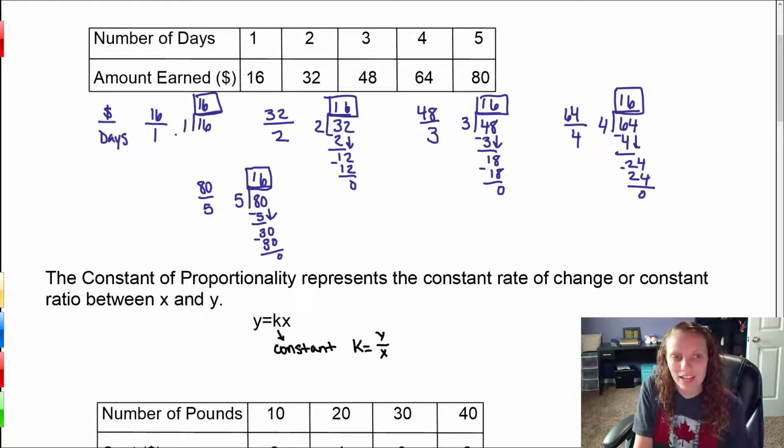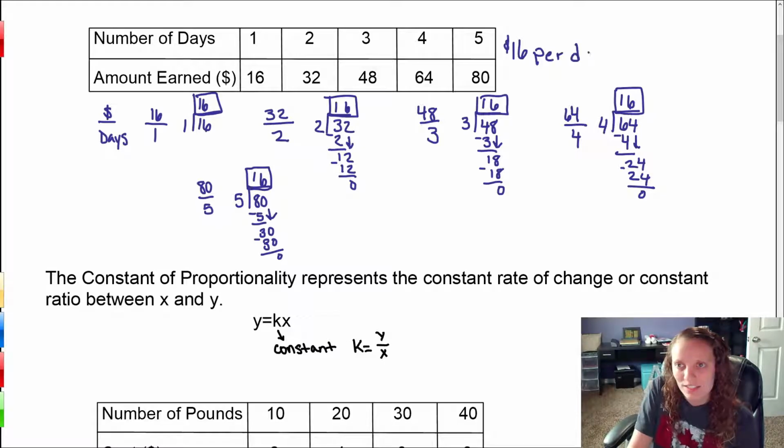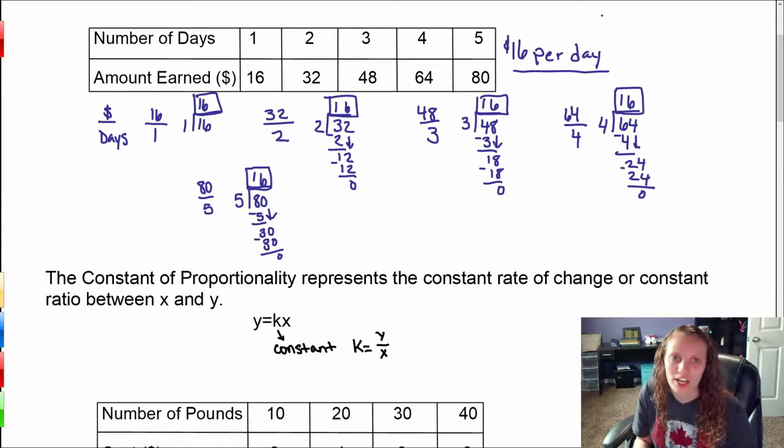And what this is saying is, for each day, they're earning $16. Since this worked out for the whole entire table, this is showing a constant rate of change.